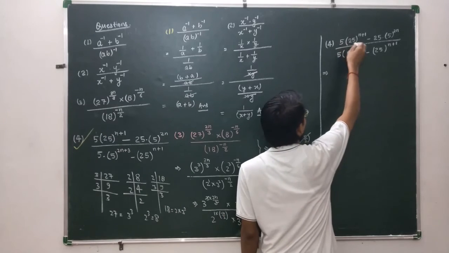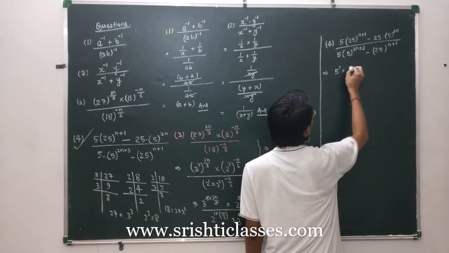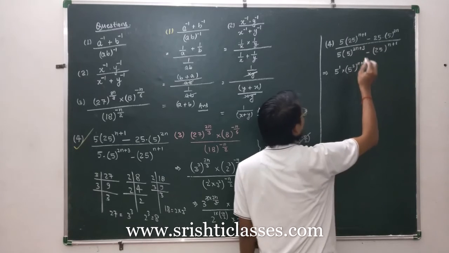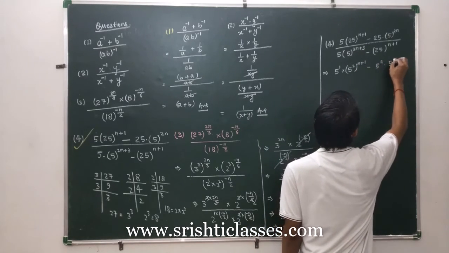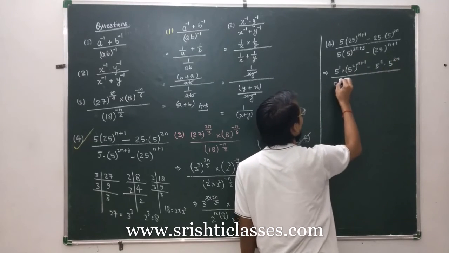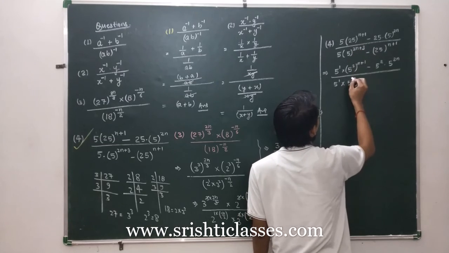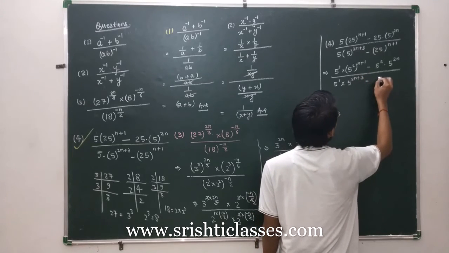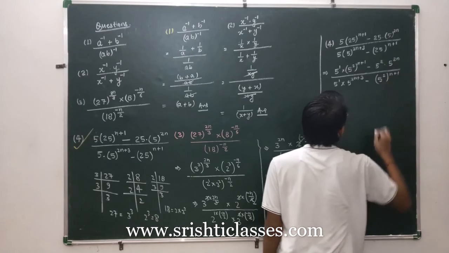So you just write that 5 to the power 1 into 5 square to the power n plus 1 minus 5 square into 5 to the power 2n, whole upon 5 to the power 1 into 5 to the power 2n plus 3 minus 5 square to the power n plus 1.